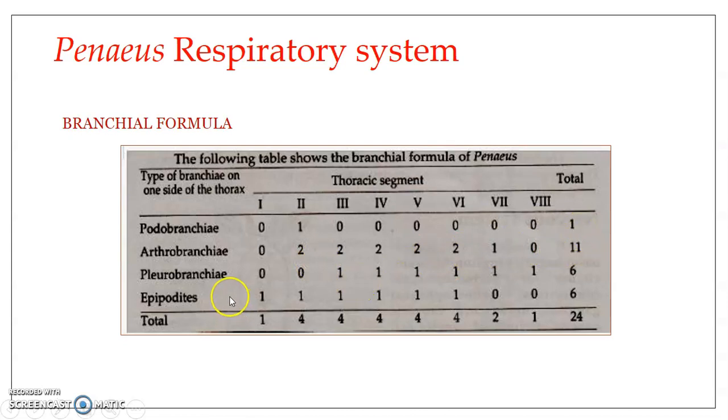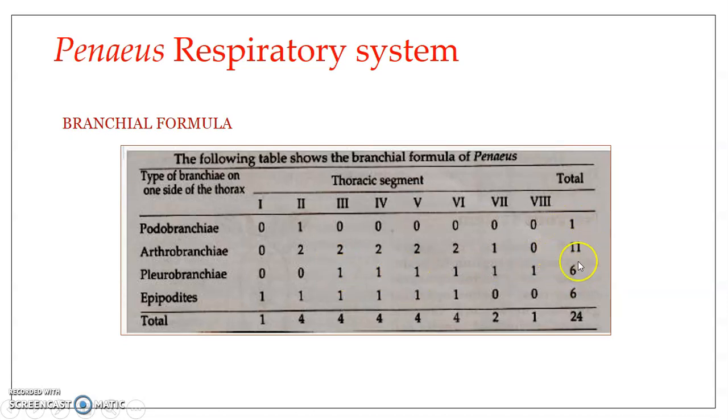Then the pleurobranch type: there are 6 pairs in number, and these are attached, as we have already mentioned, to the lateral walls of the thorax inside the branchial chamber. These are found 1 each on the third maxilliped and all the 5 walking legs, making it 6 pairs of pleurobranchs.